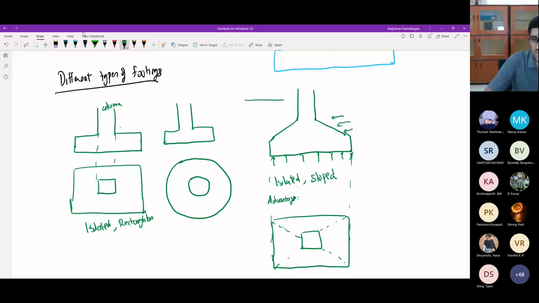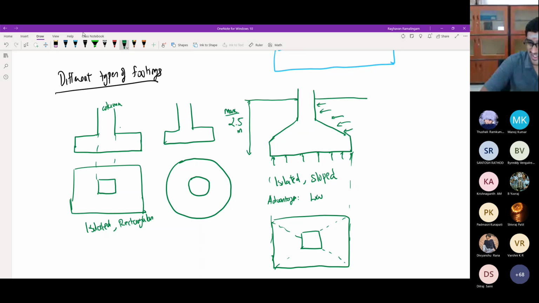Usually these isolated footings are given a very normal depth, maybe a maximum of 2.5 meters. For that depth, the lateral pressure will be there, but it's not the main problem.